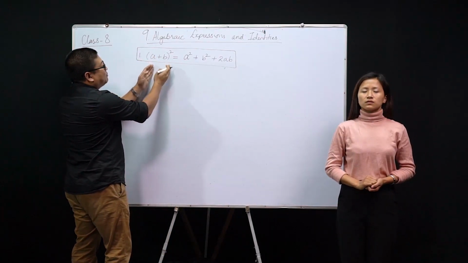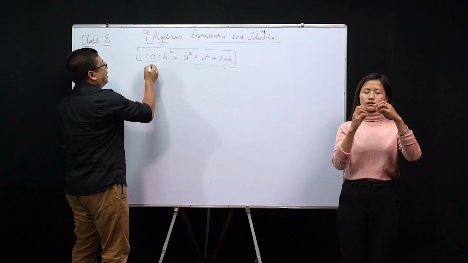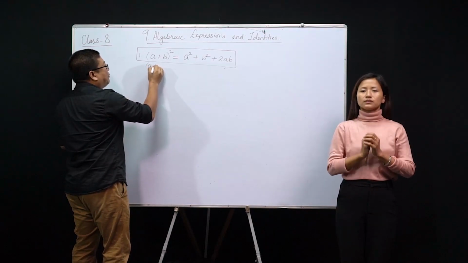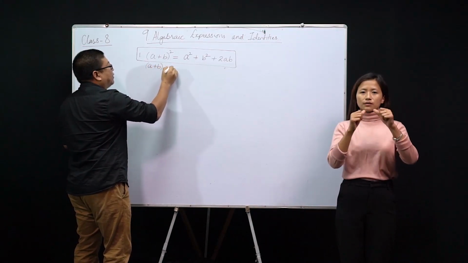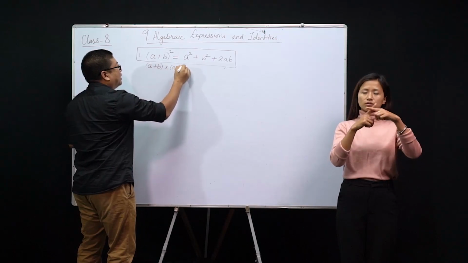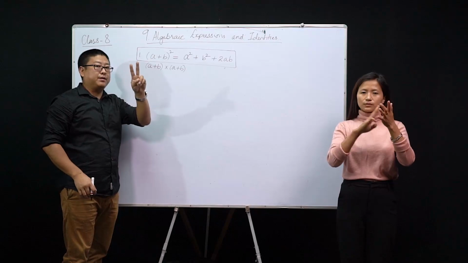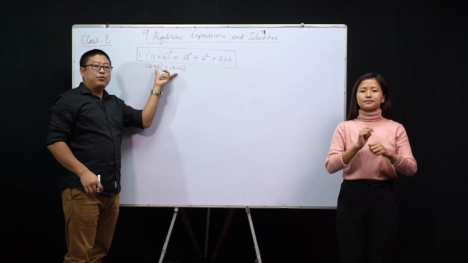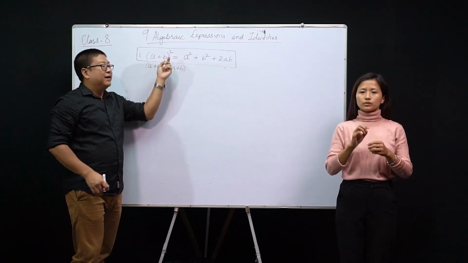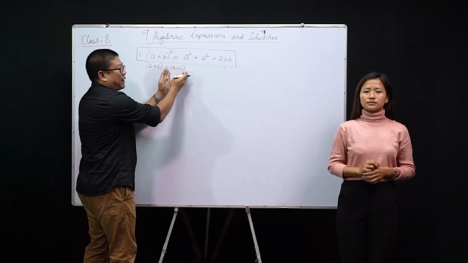This (a + b) the whole square is simply (a + b) into (a + b). That means I'm multiplying a plus b 2 times. When you multiply 2 times, you get square. So this is a binomial into binomial.